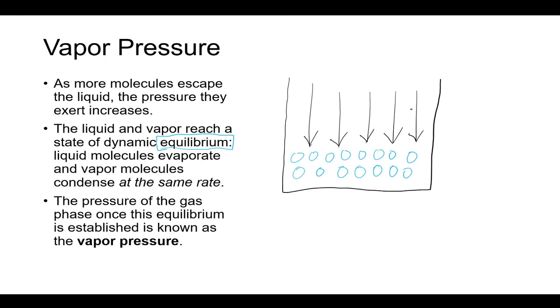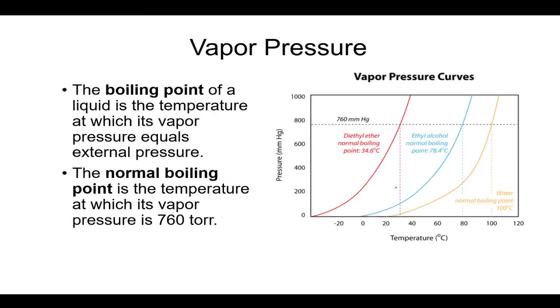But at some temperature, these molecules will have enough energy to overcome this air pressure force and enter the vapor phase. That temperature at which this natural vapor pressure of that liquid is equal to the external pressure applied by the air, that's what we call the boiling point.